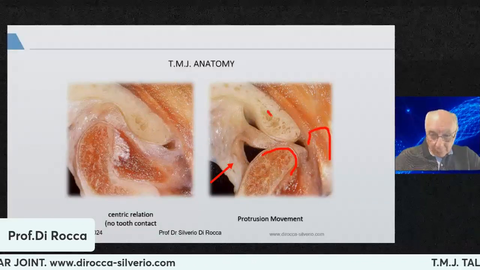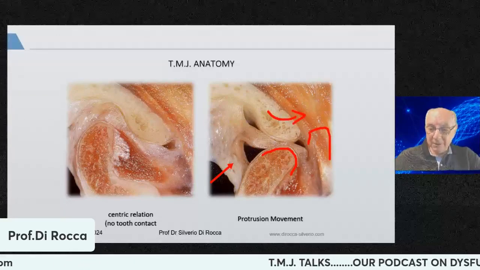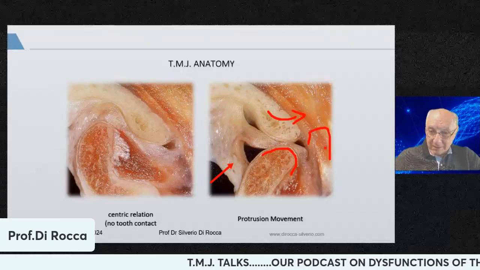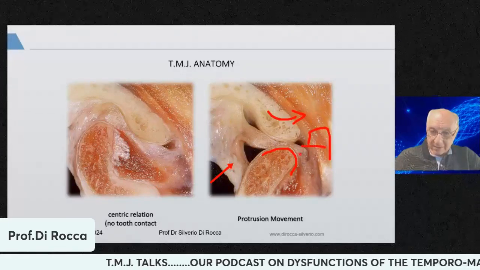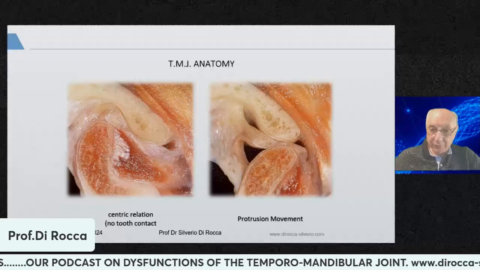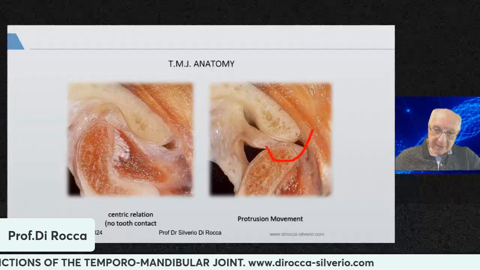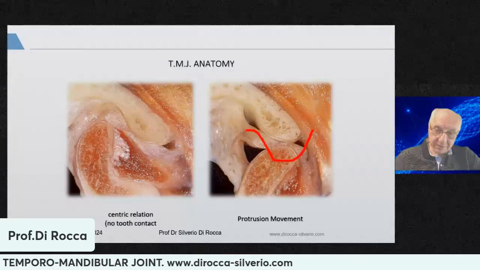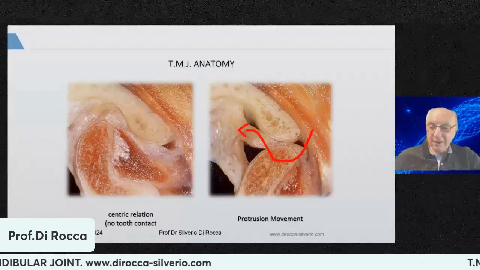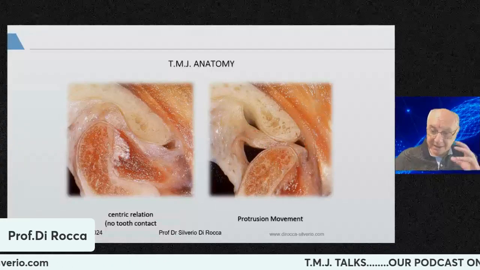It is going more forward. And what happens when it's going back? It has to do some particular movement. We have to do this and this to go here. And we think that is a click.